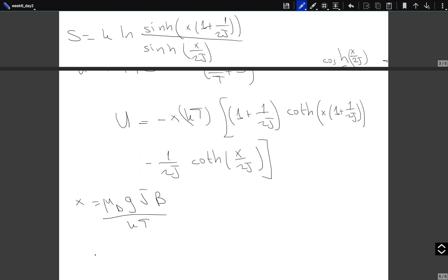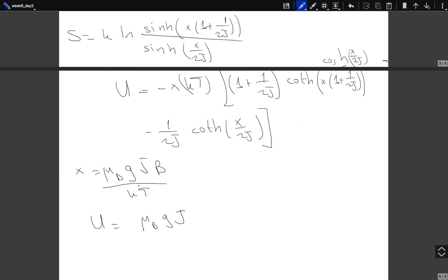So the internal energy of my system actually turns out to be mu_B g J B times 1 over 2j coth(x over 2j) minus 1 plus 1 over 2j times coth of x times 1 plus 1 over 2j.